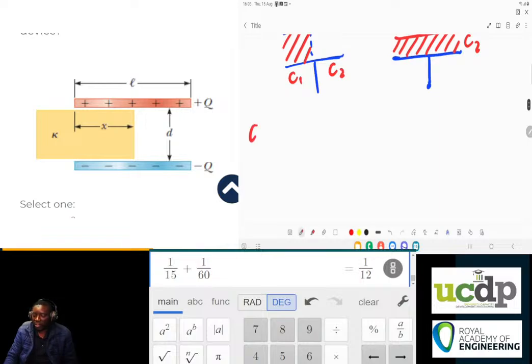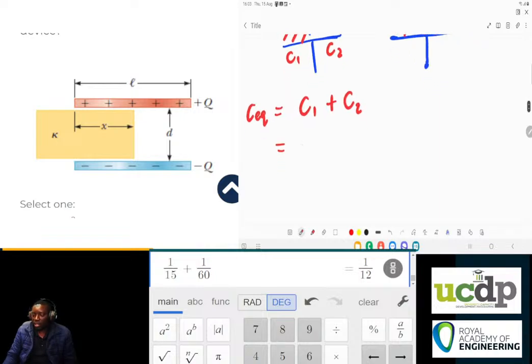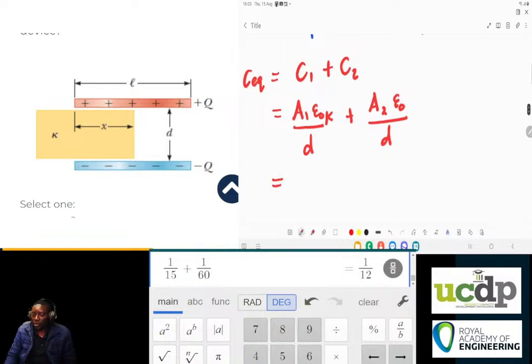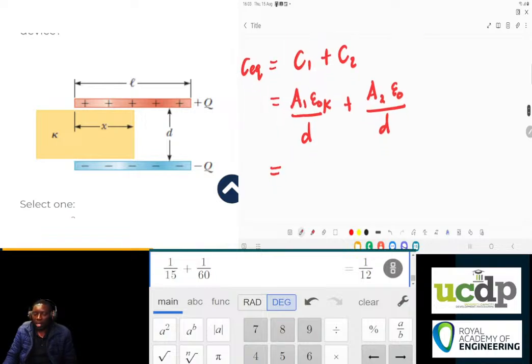We have said the equivalent capacitance, C equivalent, is equal to C1 plus C2, where C1 is A1 E naught times K over D, plus C2 is A2 E naught, there is no K there, over D. So the A1, what is A1?